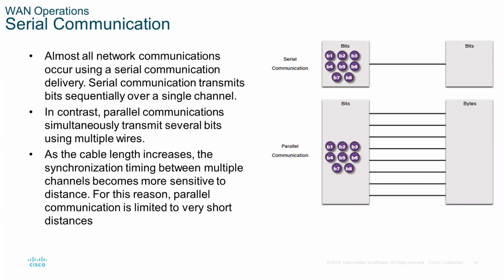Very simply, and this used to be animated, probably still is in the actual online material, with serial, each bit is transmitted one after the other, so B1, B2, B3, one after the other across the cable. Whereas with parallel, all of them are transmitted at the same time, and you have all 8 bits being sent at the same time.